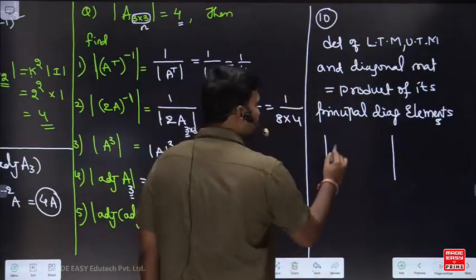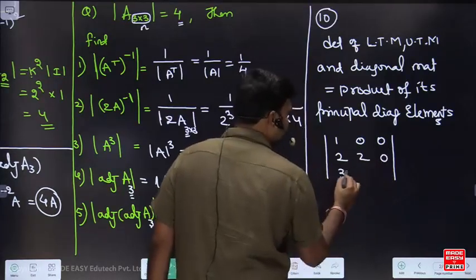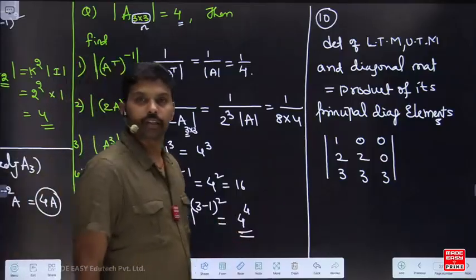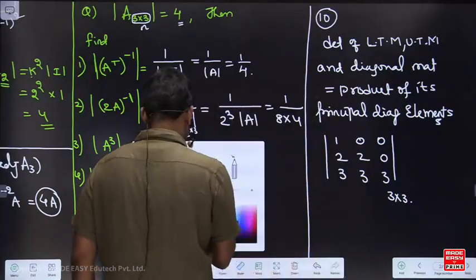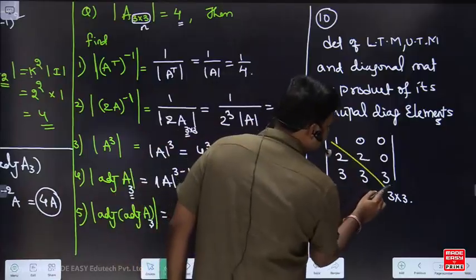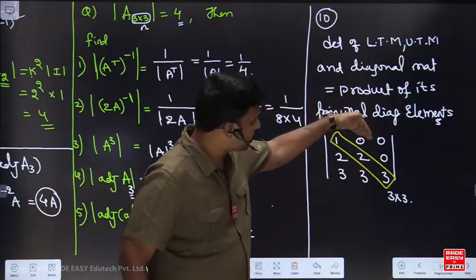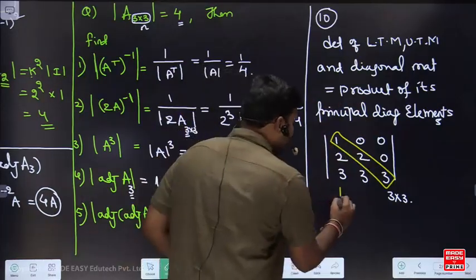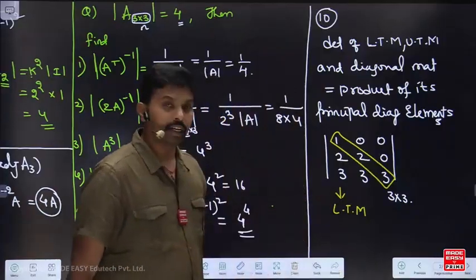Example: 1 0 0, 2 2 0, 3 3 3. So what is the determinant of this matrix? Here, this is the principal diagonal and the elements above the principal diagonal are zeros, so it is called a lower triangular matrix.